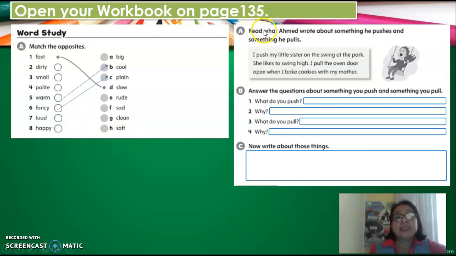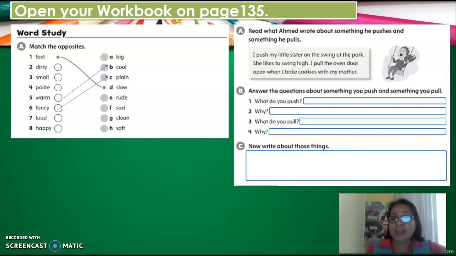On the exercise A, in the writing part, it says, read what Ahmed wrote about something he pushes and something he pulls. Example, I push my little sister on the swing at the park. She likes to swing high. I pull the oven door open when I bake cookies with my mother. So he's writing about things he pushes and pulls, okay?